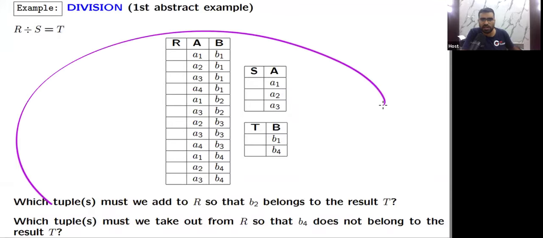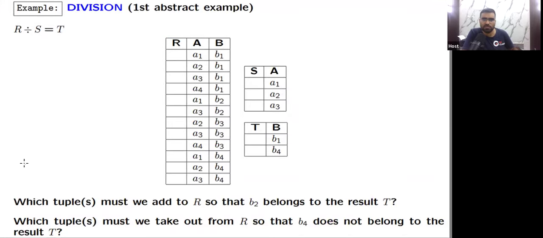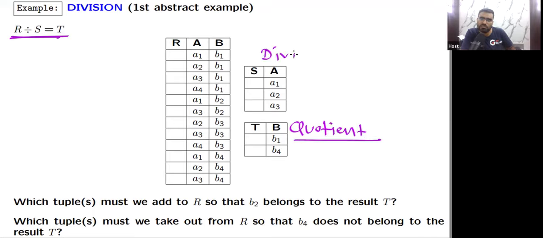Can I give this question as homework? This is a beautiful question. In this question, you can see that this is your quotient, this is your divisor, and this is your dividend. You can see R divided by S is equal to T. Now what the question is asking: the result is already given.